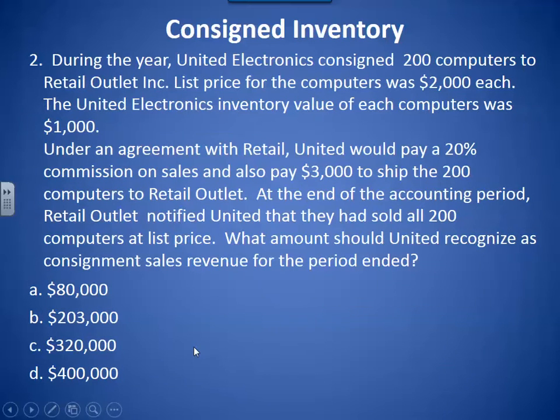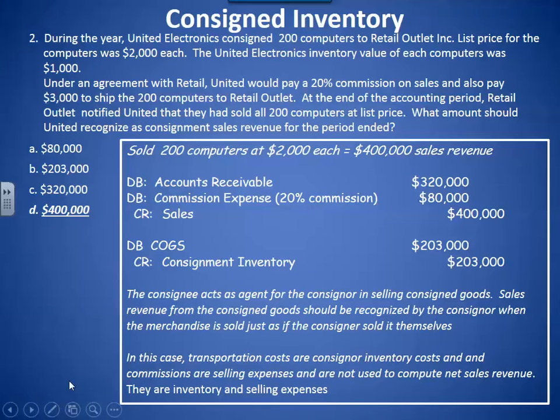Let's take a look at number 2. This will take you a few minutes, there's a lot of detail, so go ahead and stop your video. Okay, number two will make a lot more sense if we go over the details before the answer. During the year, United Electronics consigned 200 computers to a retail outlet. The list price, in other words what the retail outlet was supposed to sell the computers for, was $2,000 each.